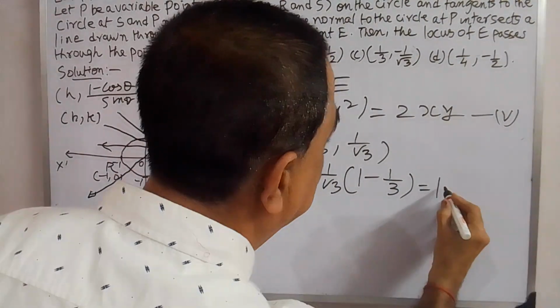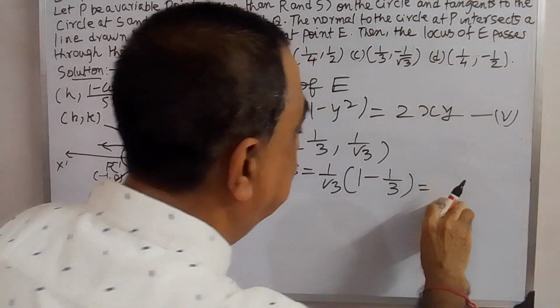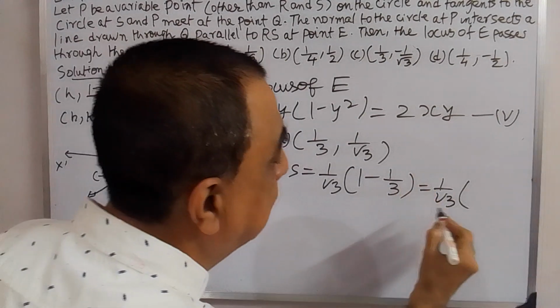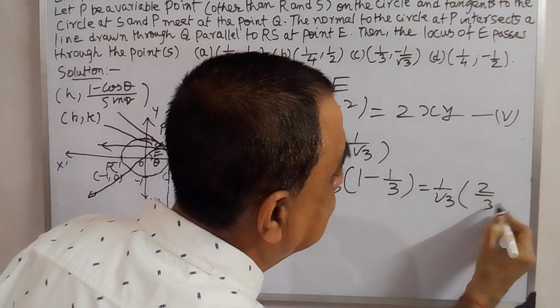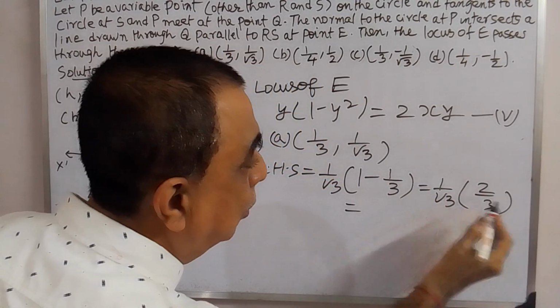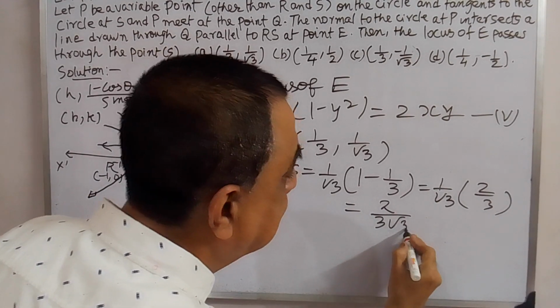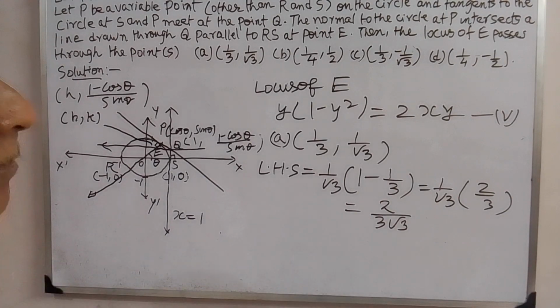So it is 1/√3 times (1 minus 1/3), and 1 minus 1/3 is 2/3. On multiplying, we get 2 divided by 3√3. So that is the value of the left hand side.